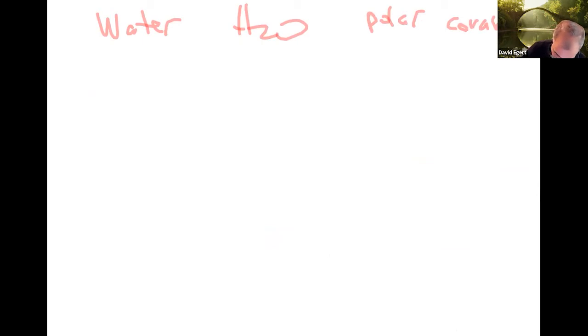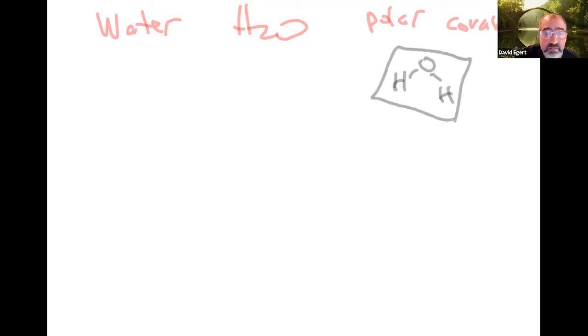So again, if you think about an H2O, you have to think about it as this kind of a dipole. One side that is more negative, one side that's more positive.